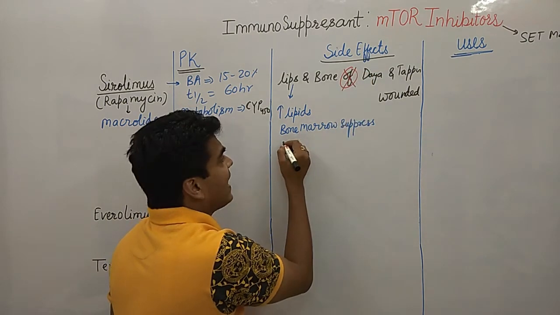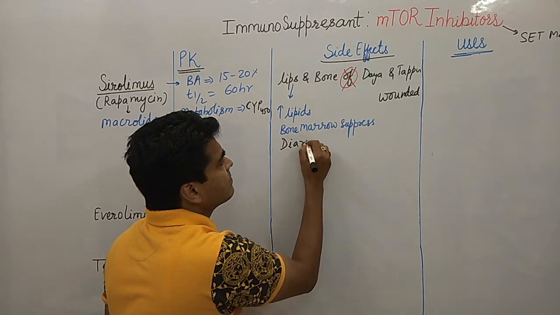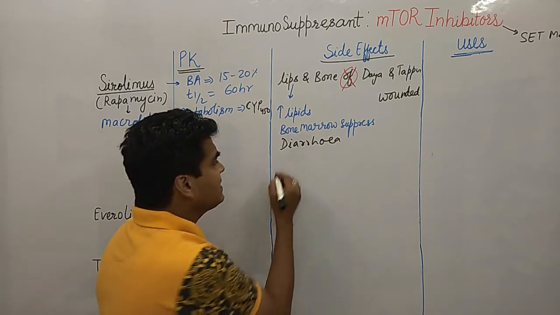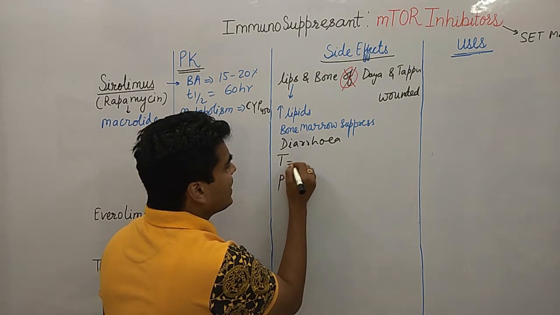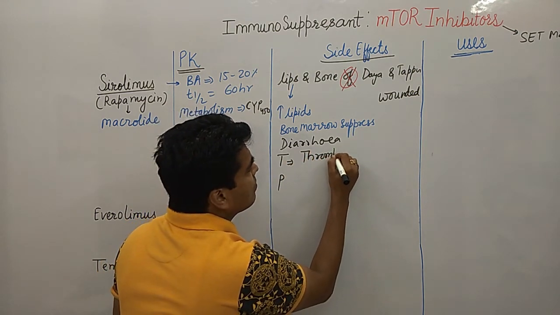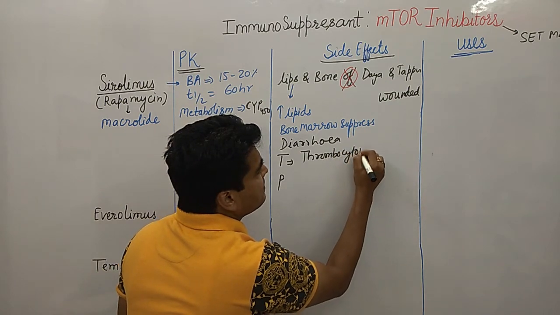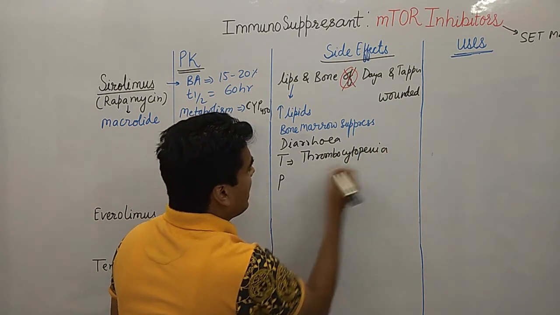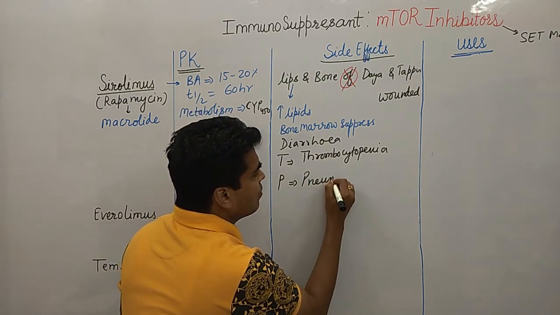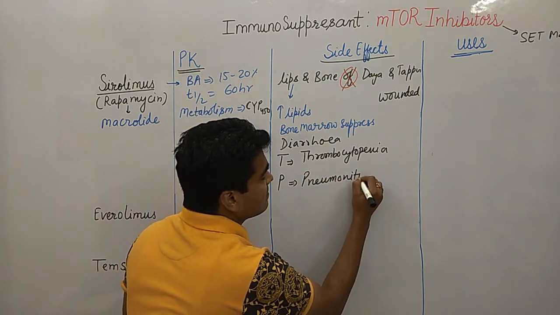Daya means diarrhea, and Tapu means T and P: thrombocytopenia and pneumonitis.